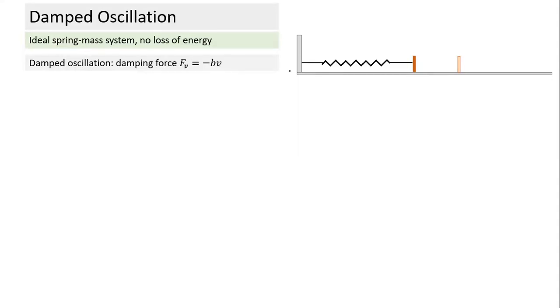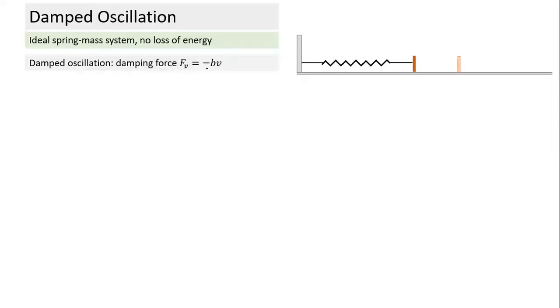The reason is that in a pendulum, as well as in a mass connected to a spring, even if the surface is smooth, there's air friction, air drag, because of air molecules. So for damped oscillation, we take the damping force, which could be called a viscous force, as equal to minus bv.